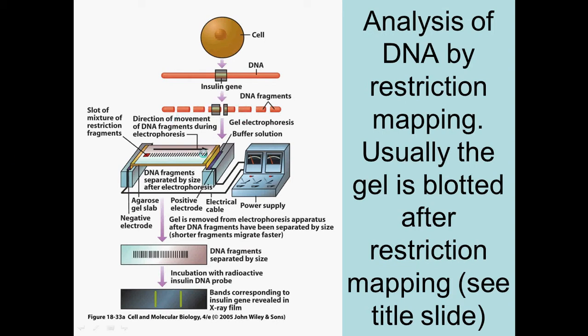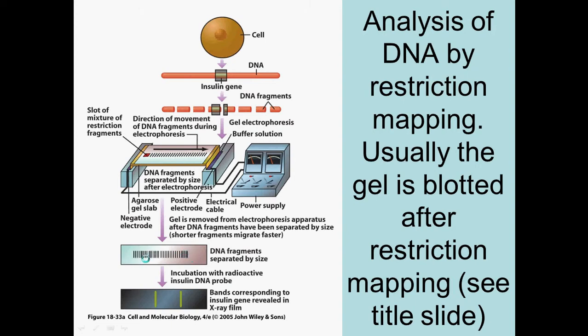Then you take all these fragments, put them in the slot, and run the gel electrophoresis, with the positive side over here. The DNA is charged negative because of the negative phosphate backbone, so it flows towards the positive electrode. And if you have a million fragments, it's not going to look like these lines; it's just going to be a smear.